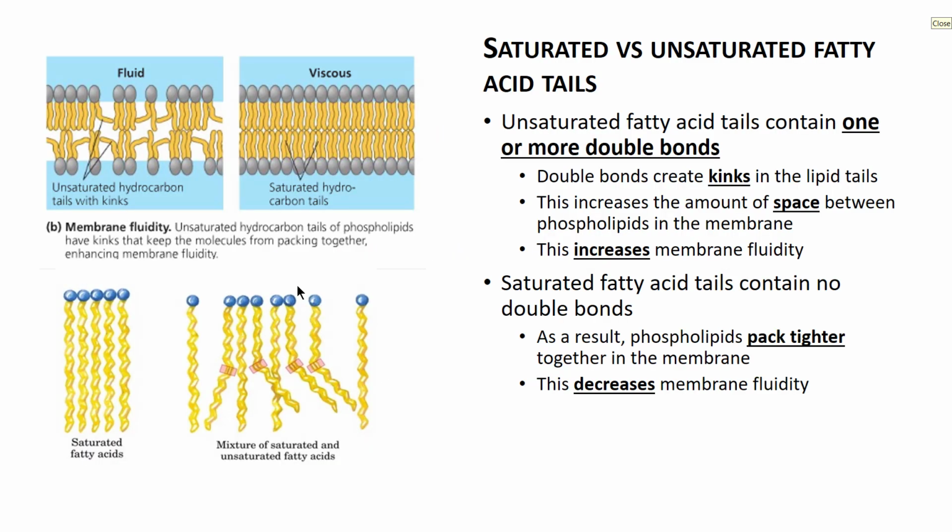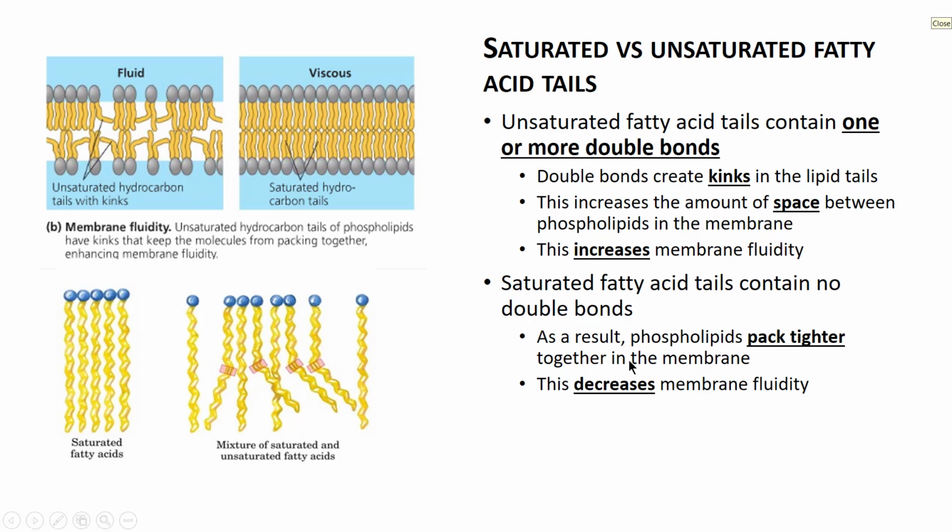Now another concept is the nature of the fats themselves. You've probably heard the terms saturated and unsaturated fats. When we start building phospholipid tails, we can have a combination of both saturated and unsaturated fats in the tails themselves, which is a more in-depth conversation. But the tails can consist of both saturated and unsaturated types of characteristics.